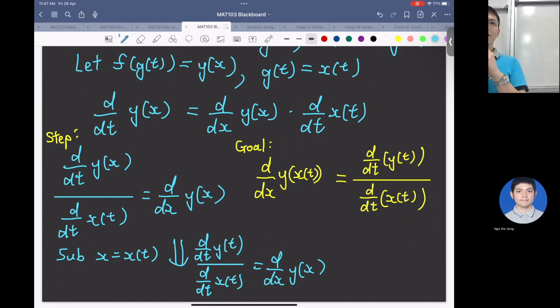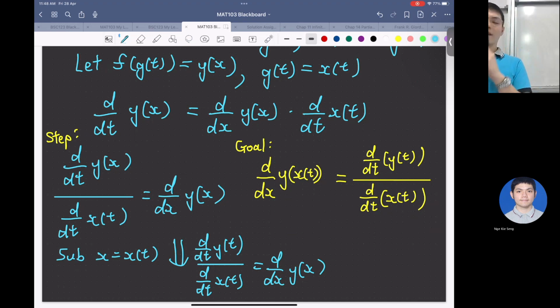So what I'm doing here is I'm just expressing my y in terms of t. That's all. I didn't do anything special. So I just want to express my y in terms of t so that I can differentiate with respect to time.